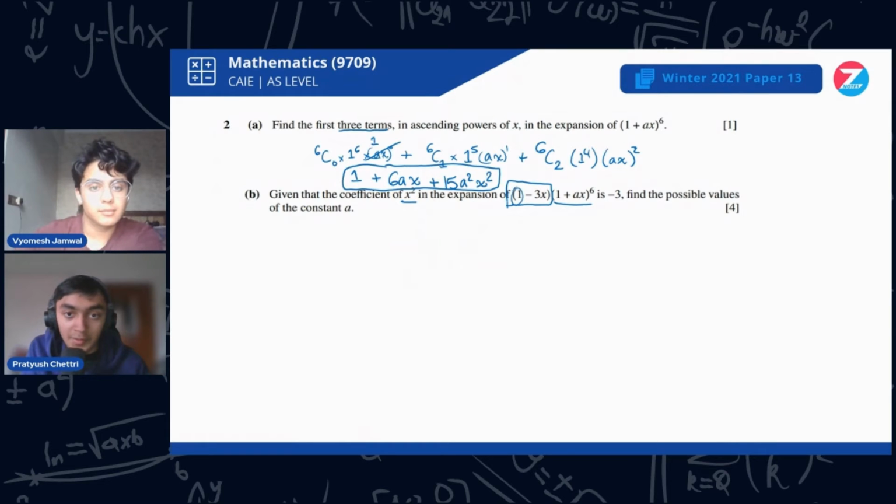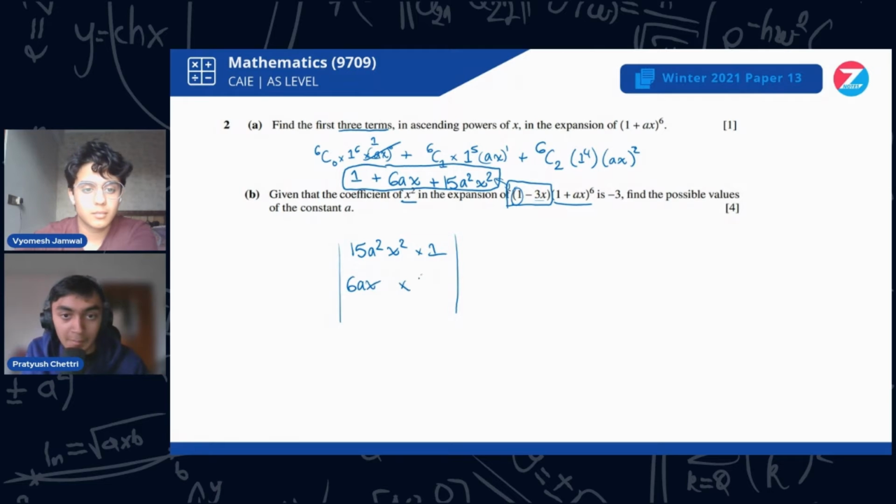Well, one constant term times 15a squared x squared makes x squared. And minus 3x times plus 6ax also makes x squared. So I'm just going to include those two terms. 15a squared x squared times 1, which is the same thing, and then 6ax times minus 3x, which gives me minus 18ax squared.